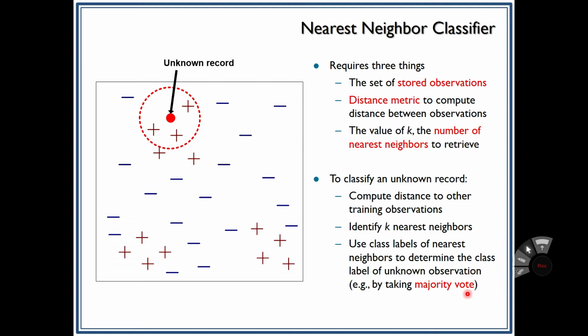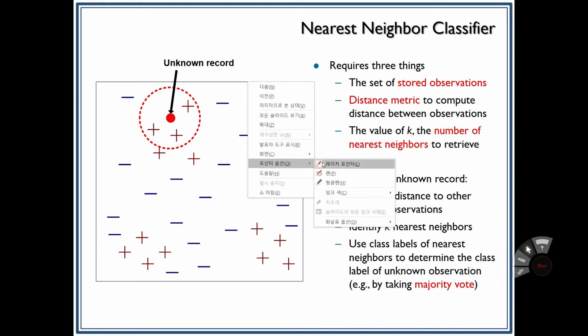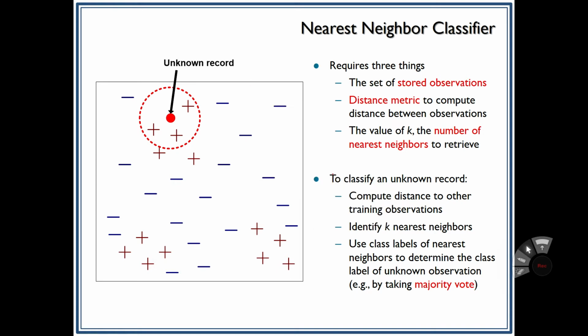For example, this figure shows the KNN classification where k is set to 3. This is a new observation, a new record, and the purpose is to predict its class label.